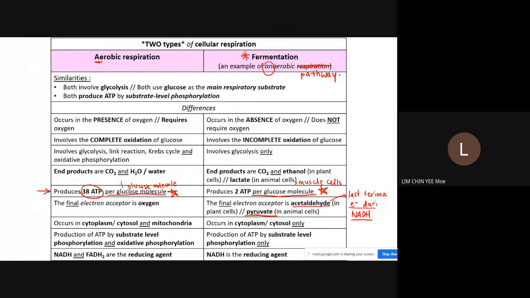And the rest, I think, is easy to understand. It's just that this one, students always get wrong.